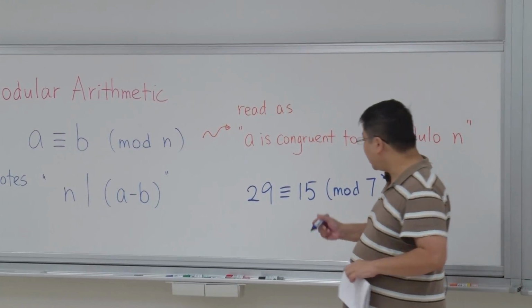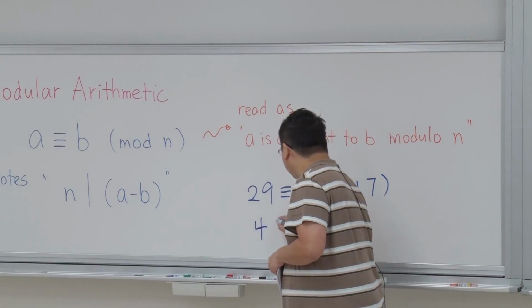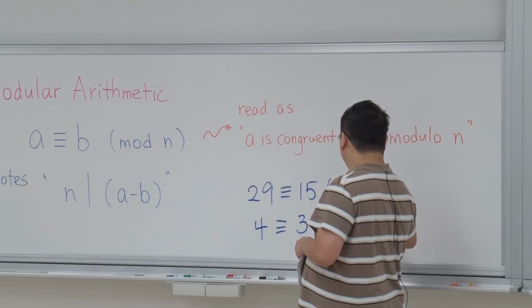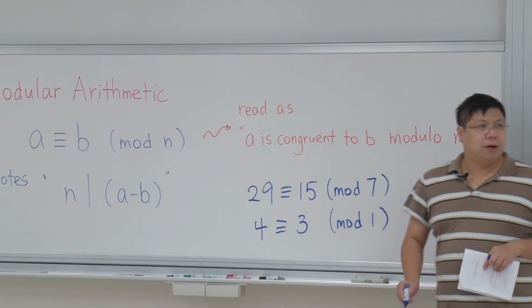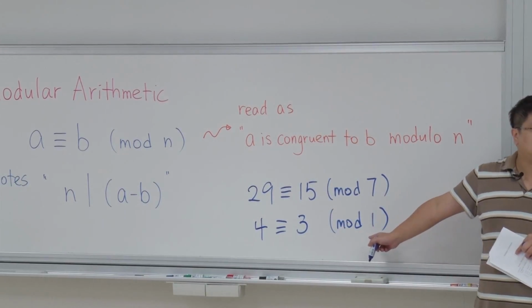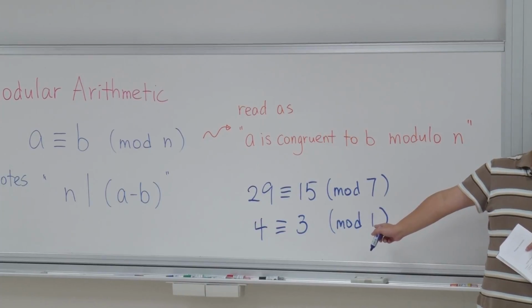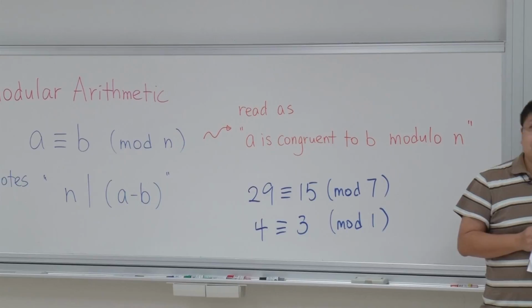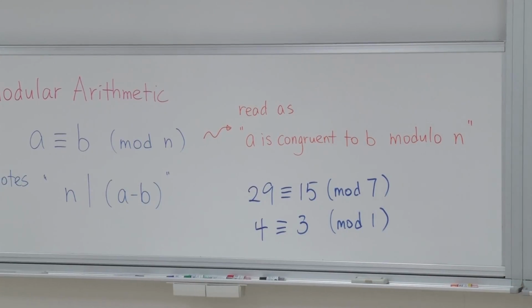Or we can also say 4 is congruent to 3 modulo 1. But of course, it will be true for any integers modulo 1. So normally, we don't have a 1 here. Okay, so how to memorize this?